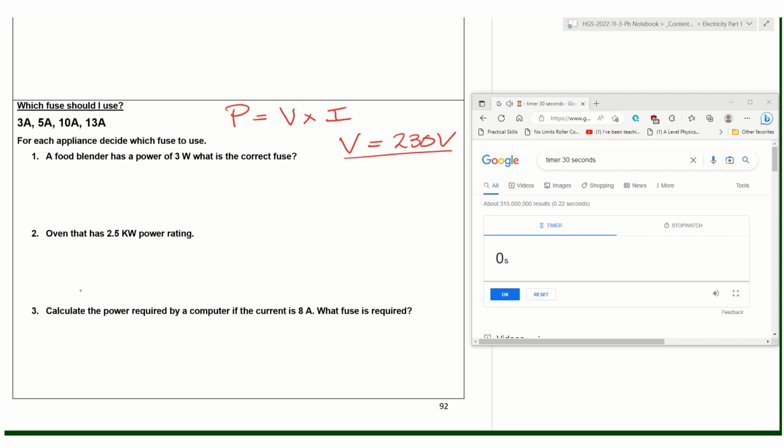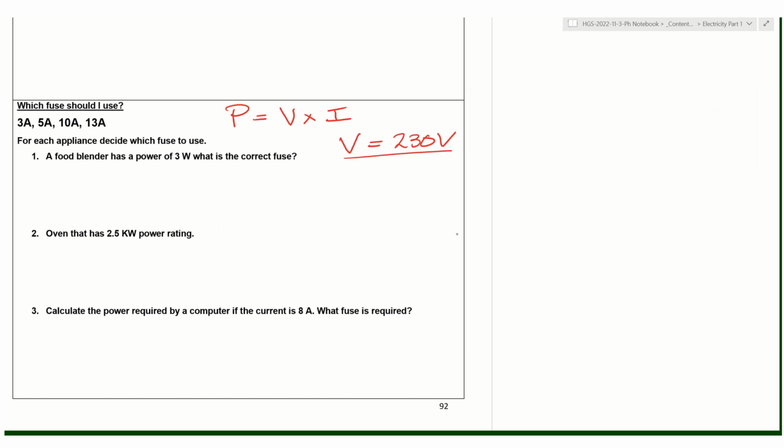Okay, so the answer will be on OneNote, so you will be able to check your answers on there.